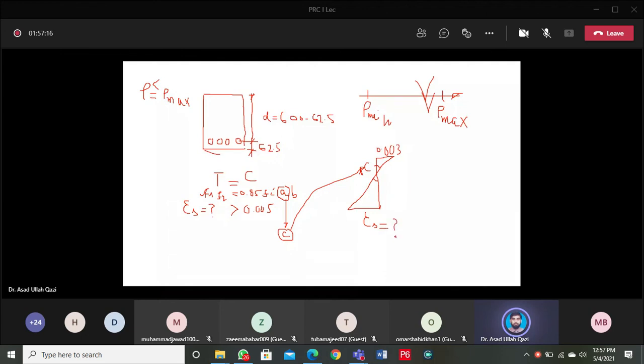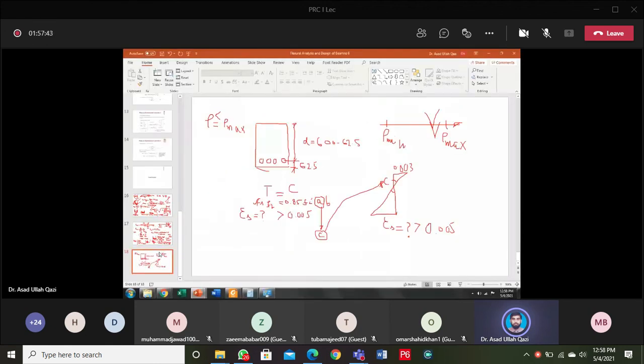And definitely it will be greater than 0.005 if you have not made any mistake in your design, and you already have this confirmation by comparing your rho with rho max. So I think while solving this problem, I tried to cover all the aspects which are important in finalizing the design.